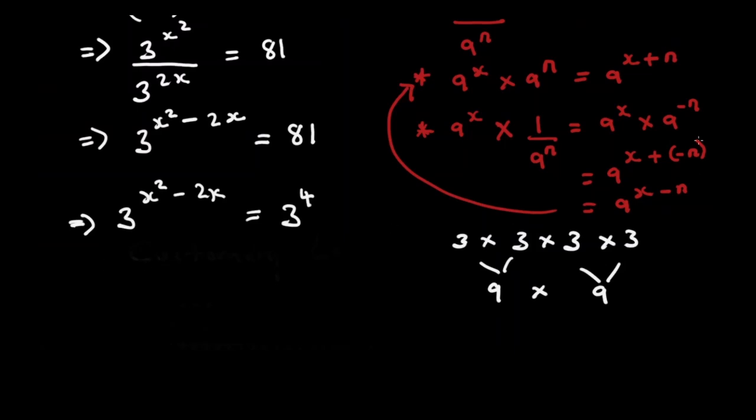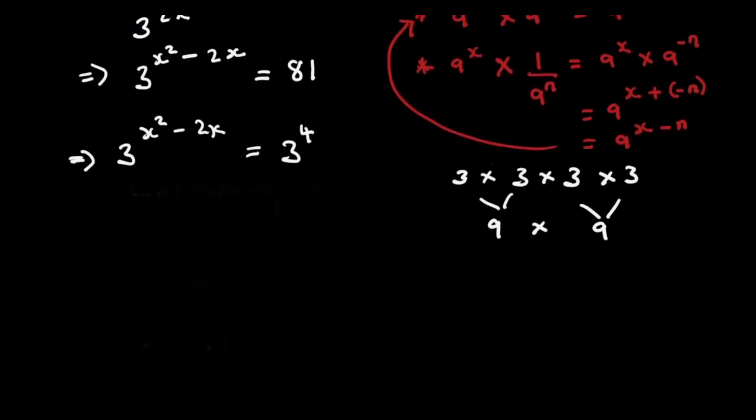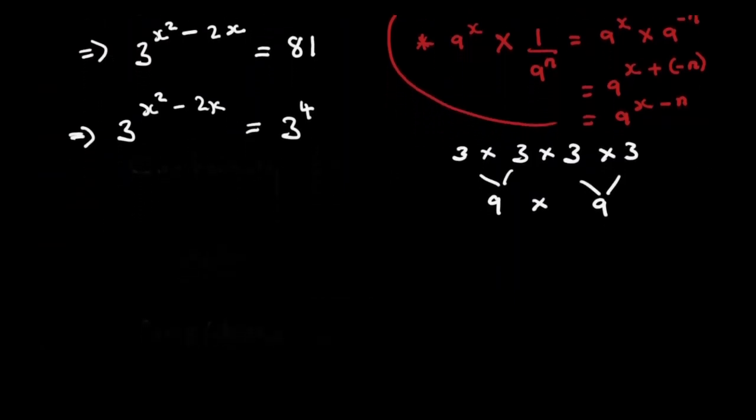And we should also know another law of indices, which tells us that if a to the power x is equal to a to the power b, x will be equal to b, provided that the base is the same. And the base in this generalization is a.